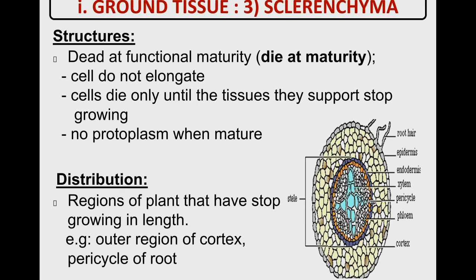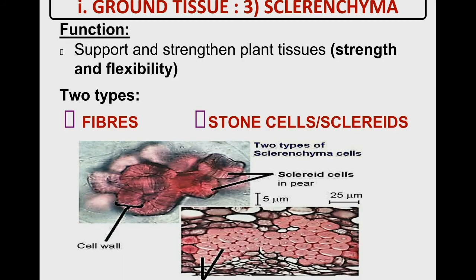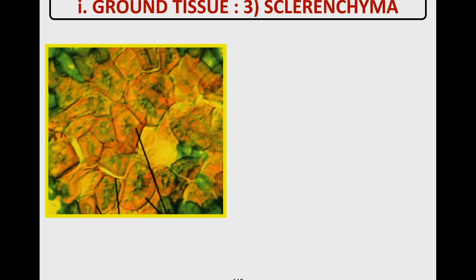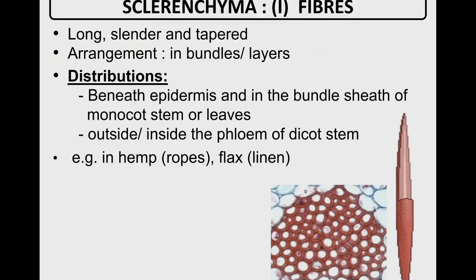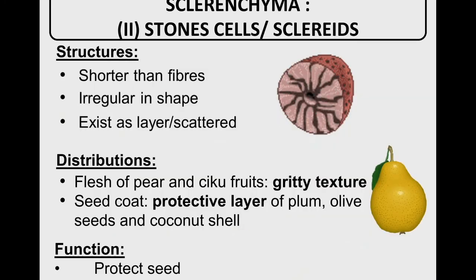An example that is easy for us to remember is the stone cell, sclereid. Sclereids are located at the seed coat. Macam kita makan buah jambu, biji dia tu keras. Okay, biji dia tu made up from the sclerenchyma.